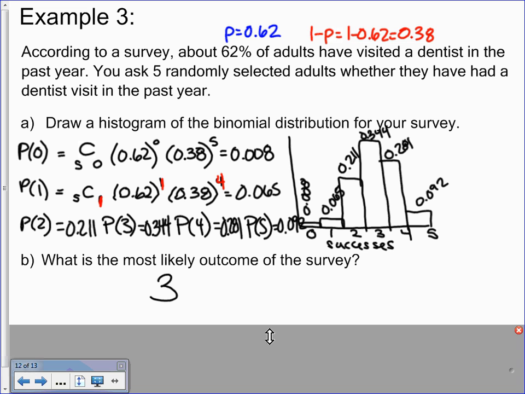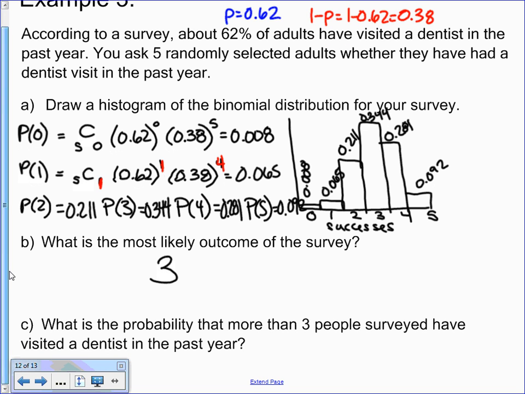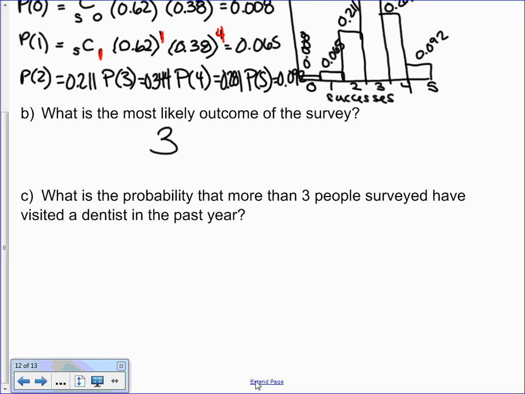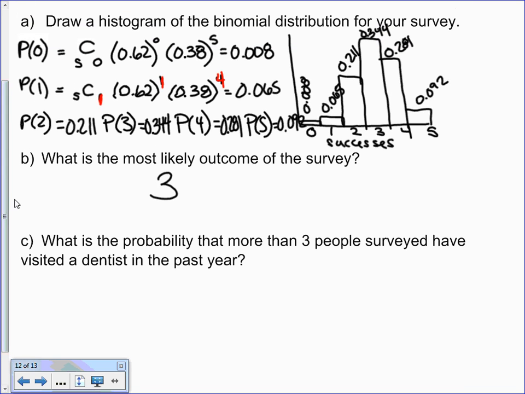I can also use a histogram, and it will help make better sense out of a question like C, which is, what's the probability that more than 3 people surveyed have visited a dentist in the past year? What's more than 3 in our experiment? 4 and 5.